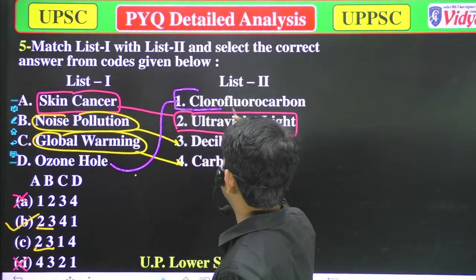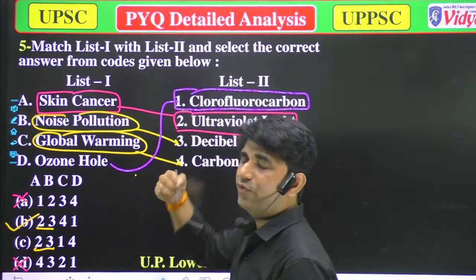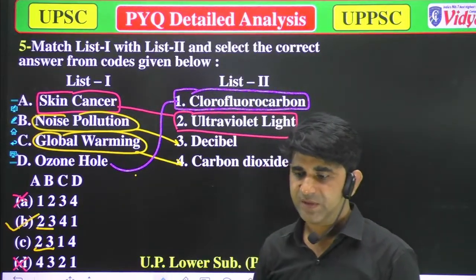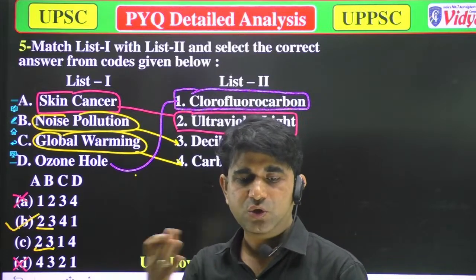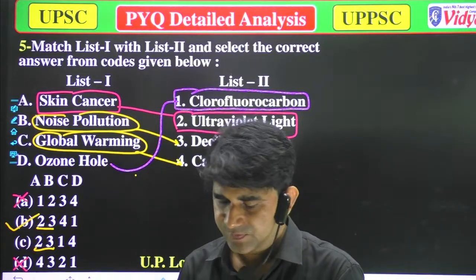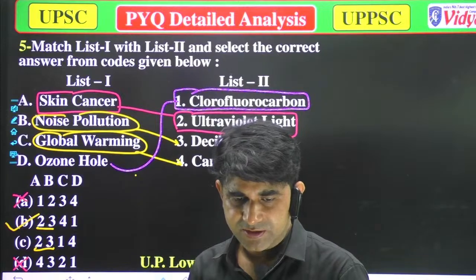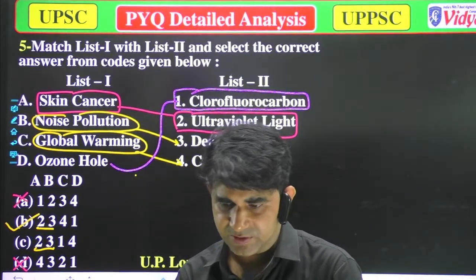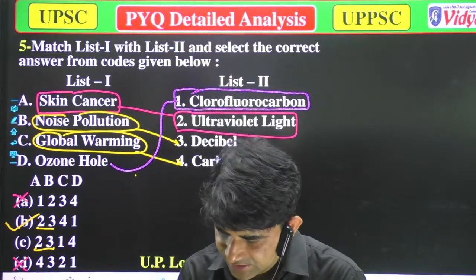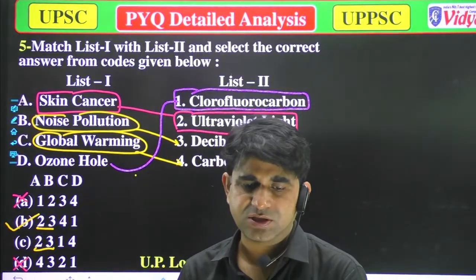Chlorofluorocarbon is a gas, or substance, found in refrigerators, ACs, and various things. It is also very harmful. It causes some diseases, and it also causes global warming.